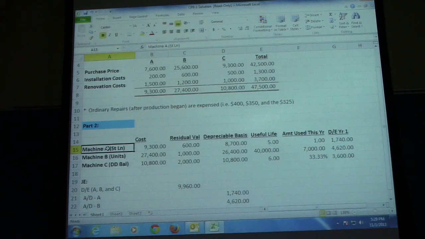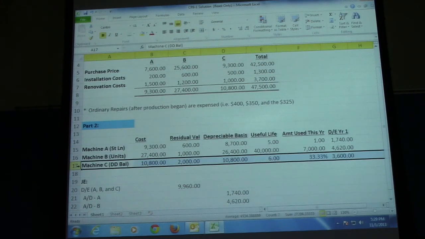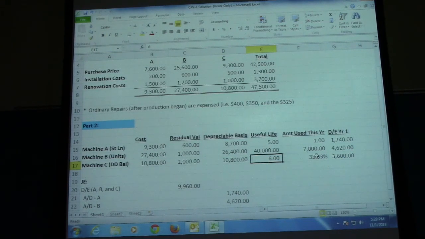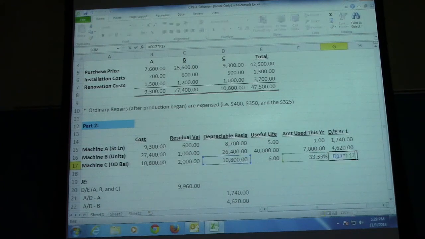So just because we're using straight line method, I know that double declining balance is twice the straight line, but don't be confused. We're not using 2/5 here because this has a different useful life. The straight line method for this machine would be 1/6. So the double declining balance is 2/6. So you divide that out, you get 1/3 or 33.3%, right? And then you multiply that times the net book value, 10,800, and you should get 3,600.